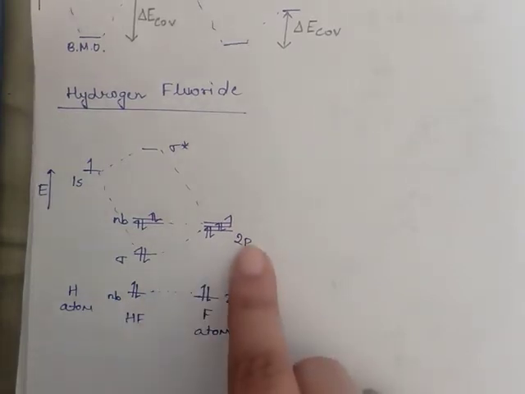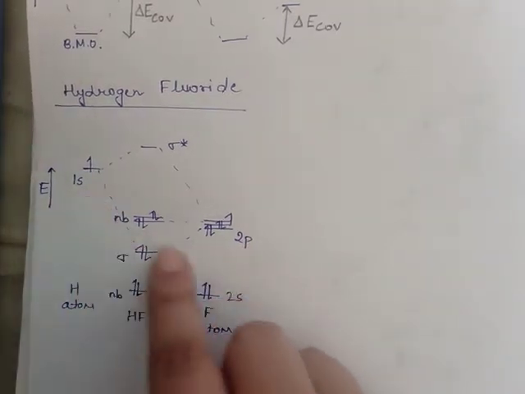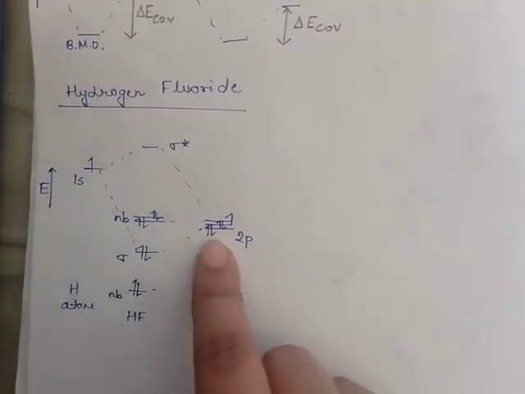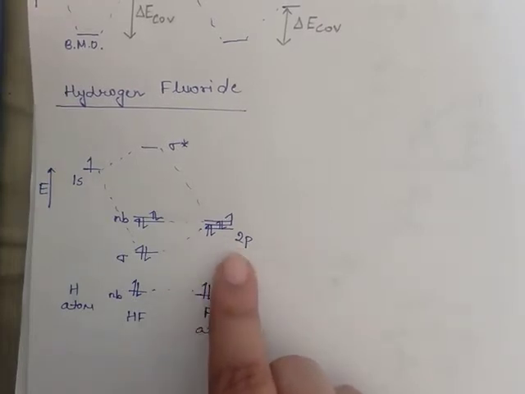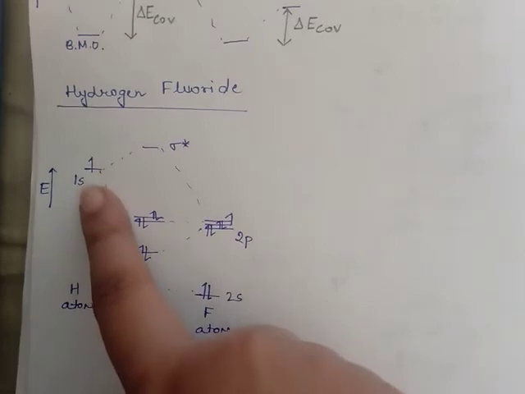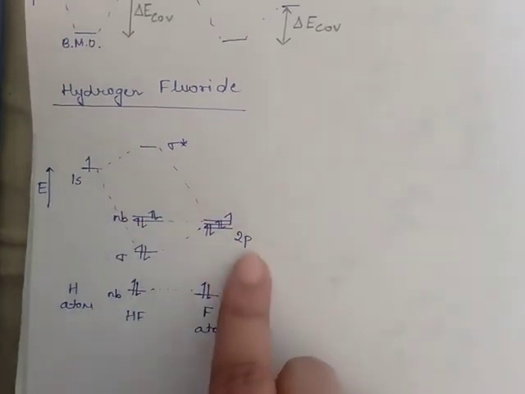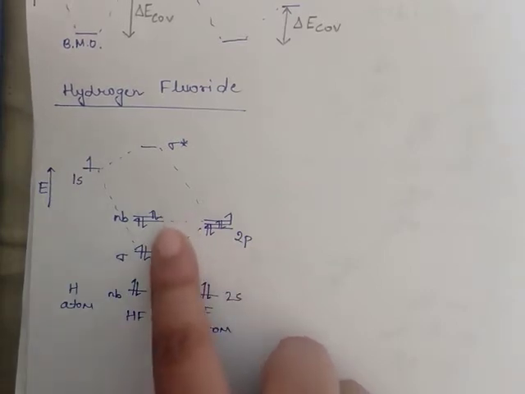The 2p electrons, on the other hand, undergo overlap with the 1s electrons of hydrogen. If you remember the first session correctly, there are three atomic orbitals in case of 2p: 2px, 2py and 2pz. If we consider the z to be the molecular axis or the axis along which bond formation happens, then 1s will undergo sigma overlap with pz, and the px and the py will remain as non-bonding orbitals.